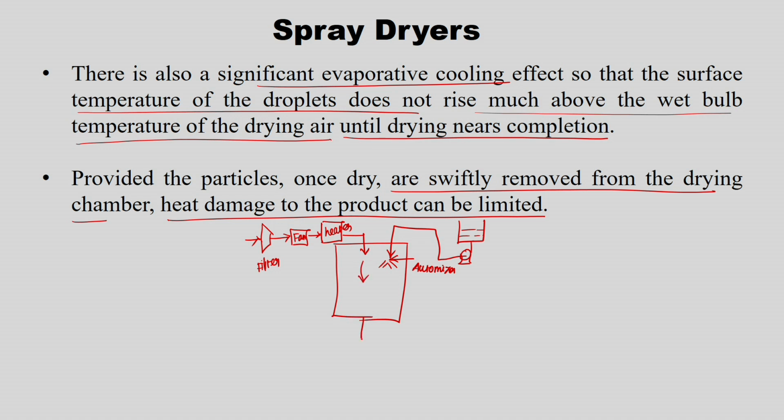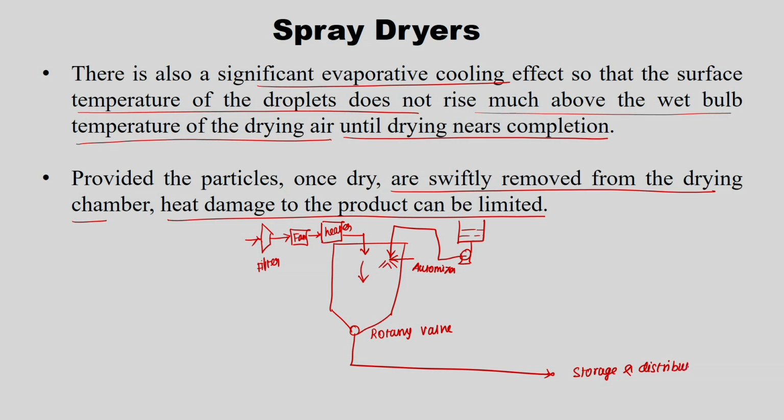So your product is taken out, maybe we can use a rotary valve here. So the fine powder goes to the storage and distribution line. Storage and distribution. So here it is a fine powder. Okay.